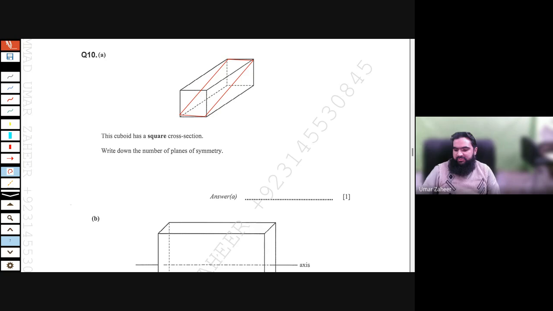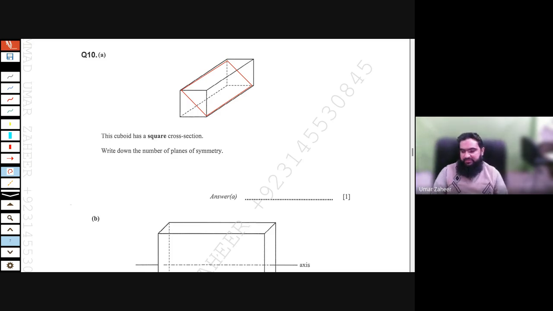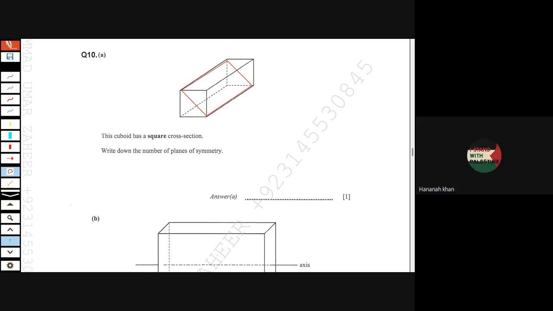I'm not sure. This is not a line of symmetry. Is there any other one? Because it is a square, you can make it like this, not like that. Oh, that way, and you can make it this way.